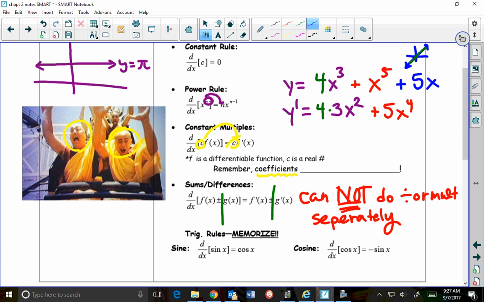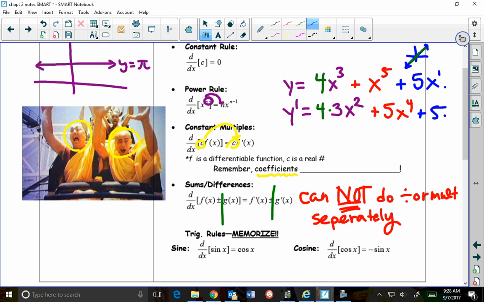So when you just have x to the first, it just becomes whatever the coefficient is. It's just the slope. It's linear. So the line with a non-zero slope goes to a line with a 0 slope, like y equals 5. So that one sometimes gets tricky.